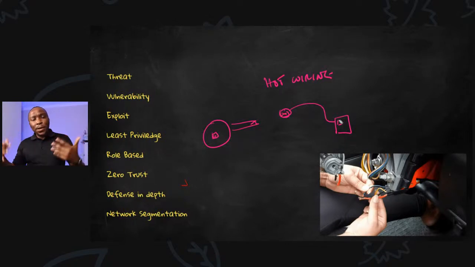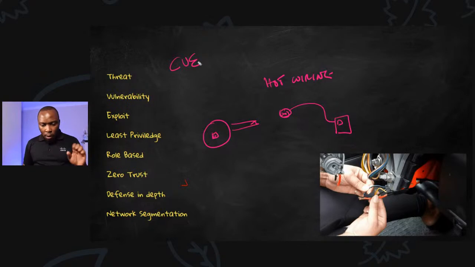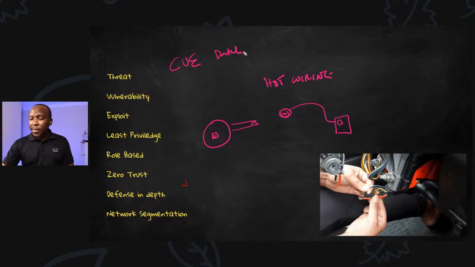And in the networking or security world, we have what is known as the CVE, which is the Common Vulnerability Exposure Database. And this is basically a database that showcases different vulnerabilities on different devices that you need to patch.